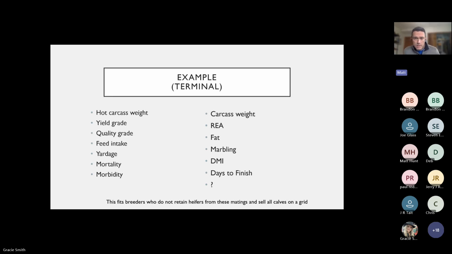My point here is there's not one-to-one mapping, and there doesn't have to be, as long as we understand the genetic relationships between the traits that are really drivers of profit and the traits that we have EPD for. We can still create a very useful index even if we don't have EPD for all the traits that are truly economic drivers. Next slide.